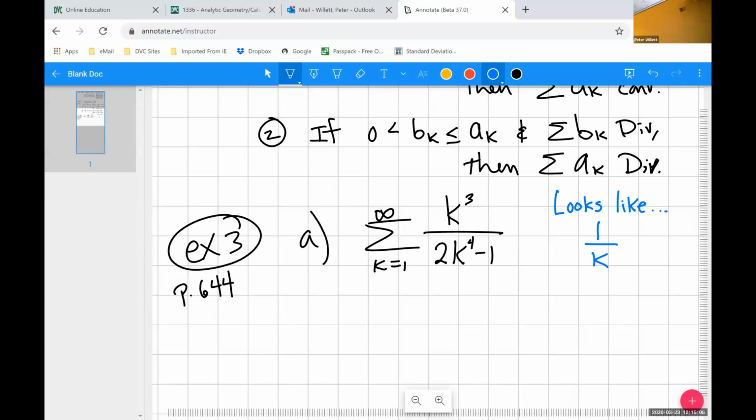Again, we can ignore the constant multiple of 2 here, because that would just be pulled outside and wouldn't matter. So this kind of looks like 1 over k. It's off by a little bit because there's this minus 1 here. So does the series of 1 over k converge or diverge? What do you guys think? Anybody willing to offer up a suggestion?